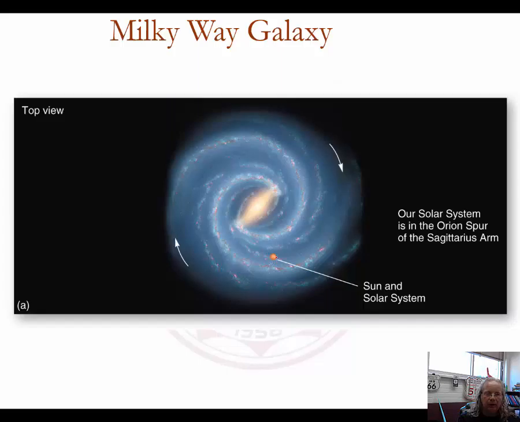We are one of those points of light, or rather our sun is one of the points of light. It's an ordinary star, our sun, and we are certainly an ordinary planet.